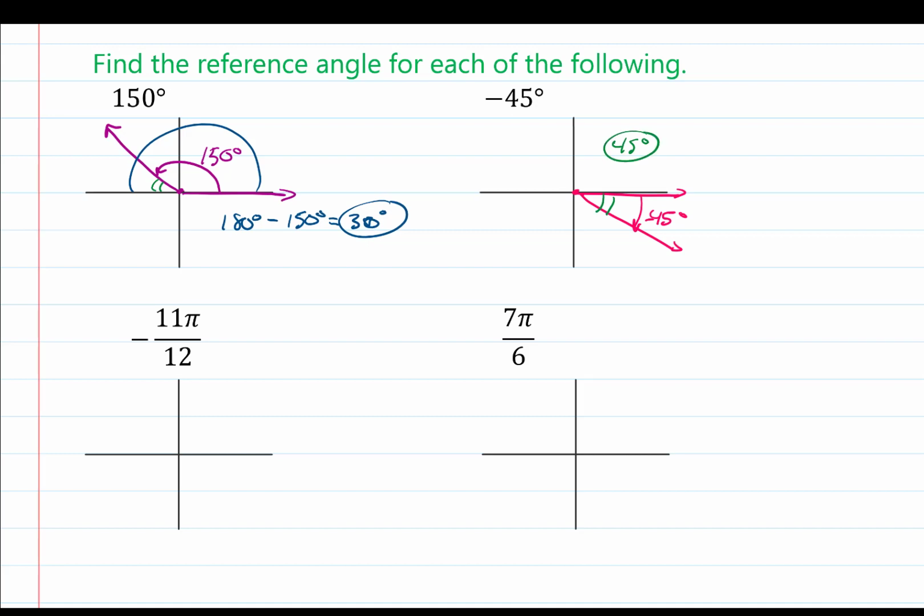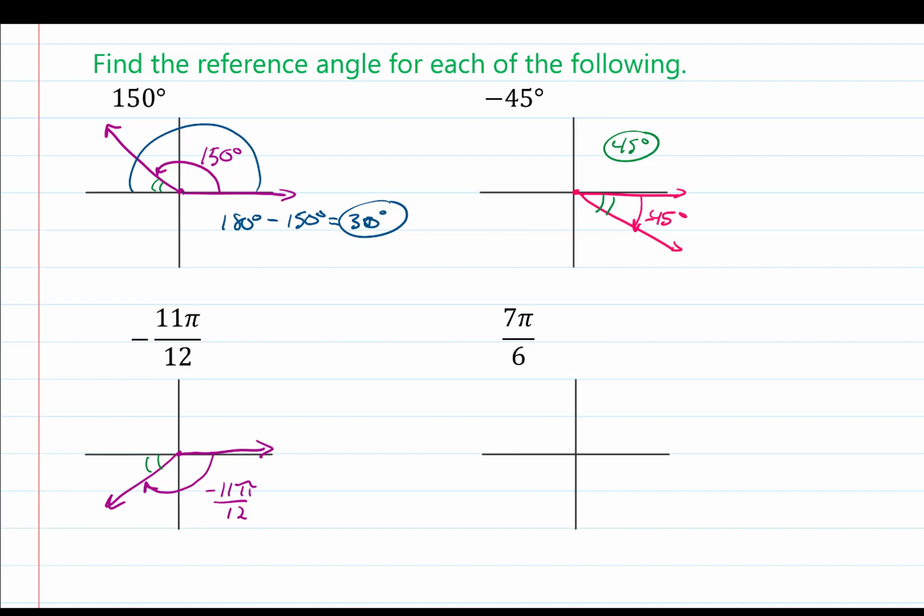Let's now go to the next one where we have negative 11 pi over 12. Once again, we have clockwise rotation. This would put the terminal side in quadrant number 3. So here is negative 11 pi over 12 with the clockwise rotation. Our reference angle is made up of the terminal side and the nearest x-axis, which happens to be the negative x-axis.